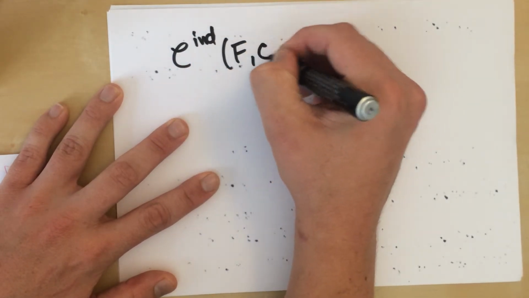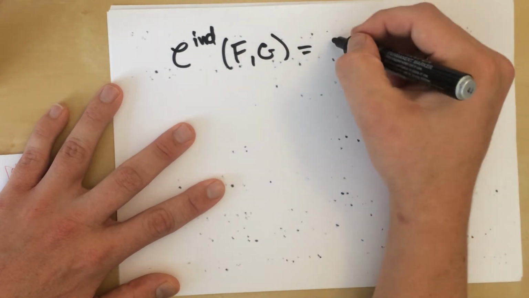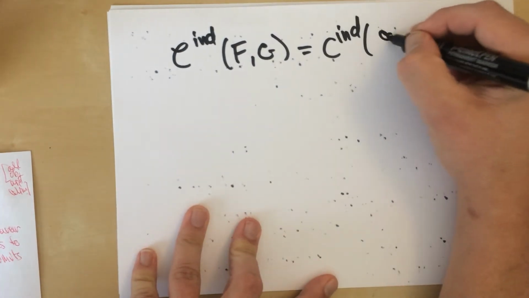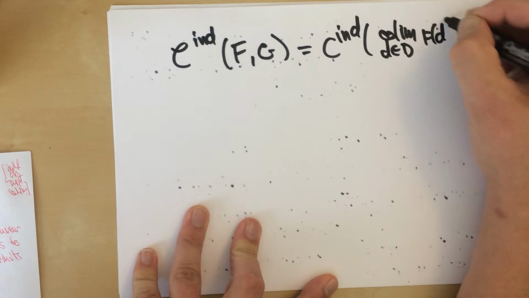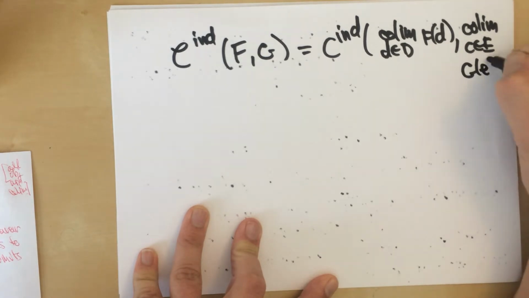So again, we have two objects in here, and they're going to be equal to this inductive limit here, and this is going to be the co-limit of these diagrams, like this. So they're both co-limits of here.